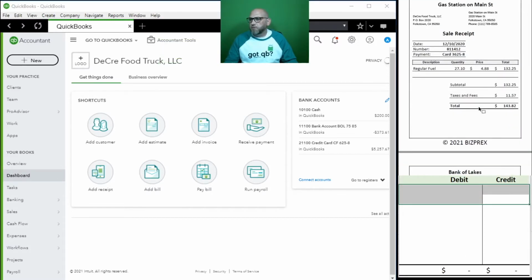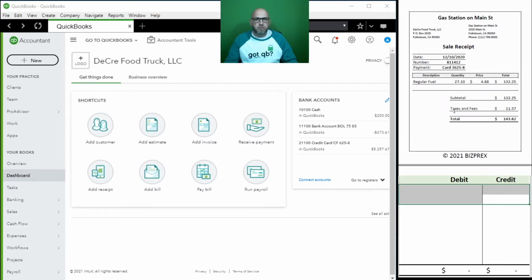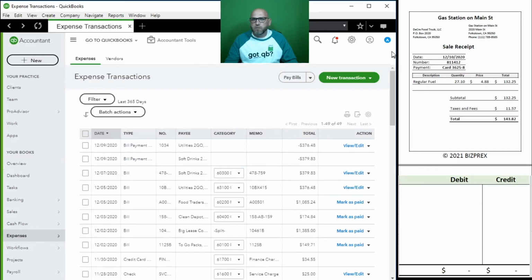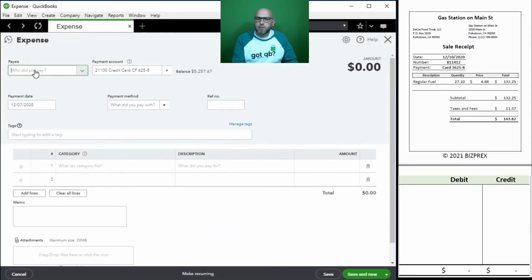Then we have a receipt from a gas station, right? So this one we can book through the expense module. Okay, so here we are, expense. Here it is.